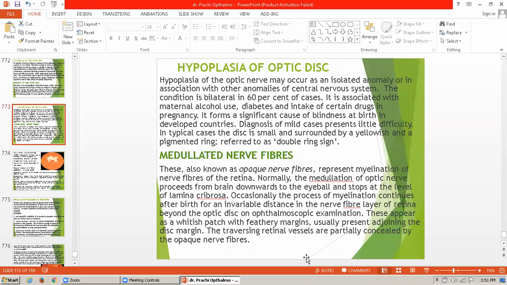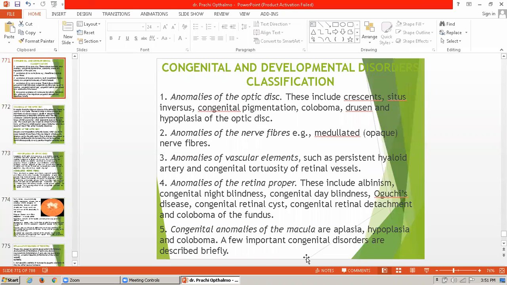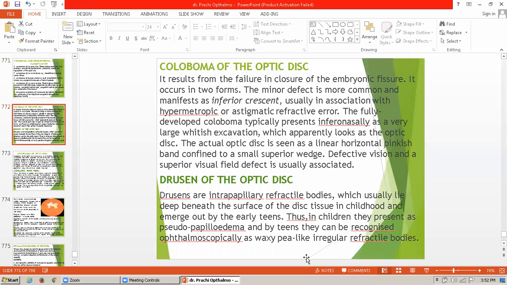So, these are the congenital and developmental disorders classification, that is anomalies of optic disc, nerve fiber, vascular element, retina proper, and the macula.